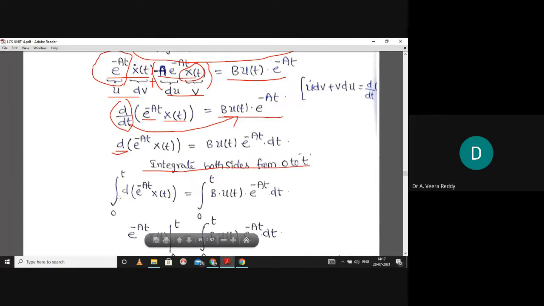So integral 0 to t, d of e power minus at x of t equals integral 0 to t b u of t e power minus at dt.